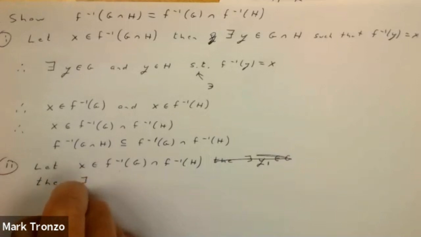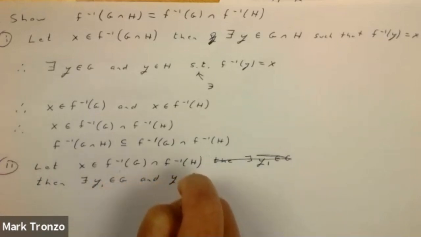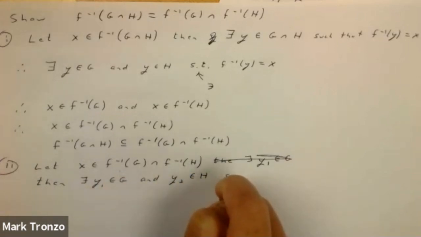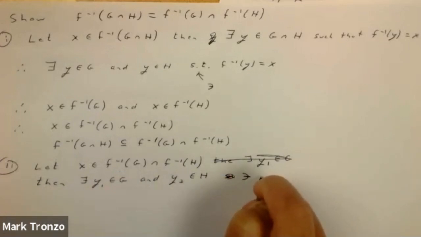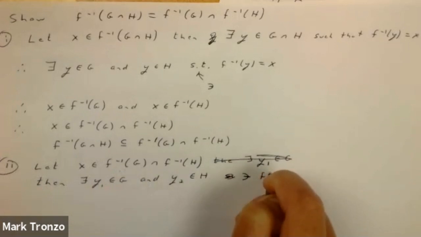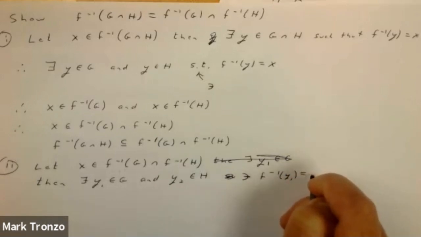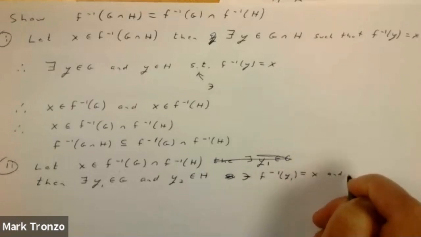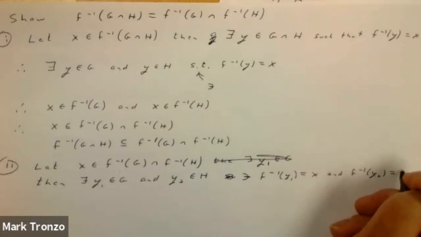Then there exists a y1 in G and a y2 in H such that, yeah, we said we could use our reverse notation, such that f inverse of y1 equals x, and f inverse of y2 equals x.